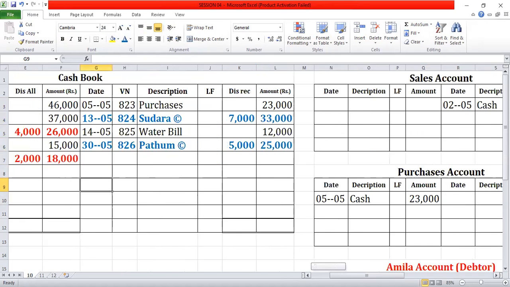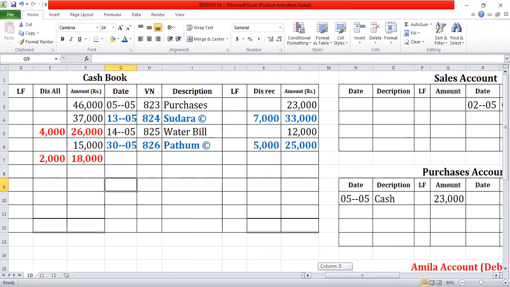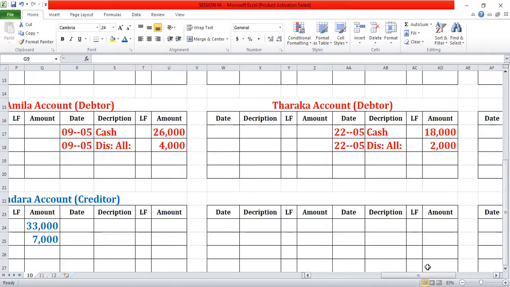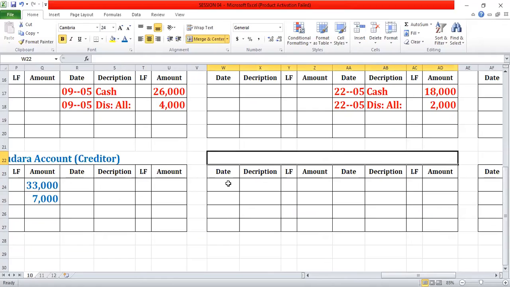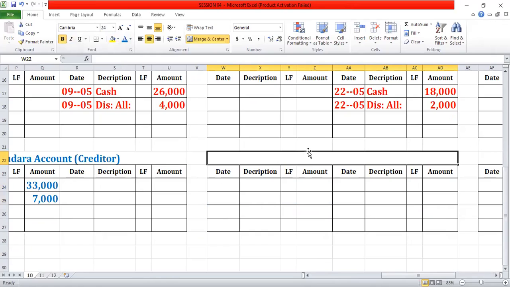Now I have to update the personal account of Patum. I'm going to prepare the personal account of Patum now. Patum account. Remember, Patum is a creditor.